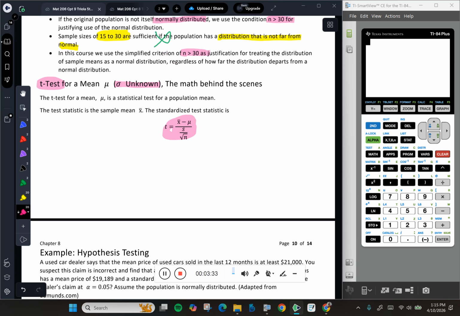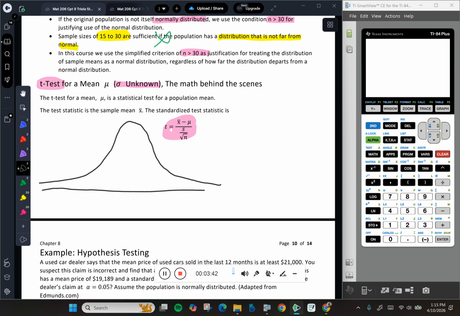Now, the same logic is going to apply here as with population proportions. We are going to have a sampling distribution that is going to be modeled by our t, our student curve, right? We're going to have a middle, which is our mean from our null hypothesis. We're going to have data that is going to give us a t-score, and that t-score is then going to be placed somewhere on that horizontal axis.